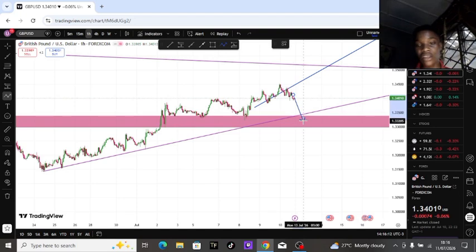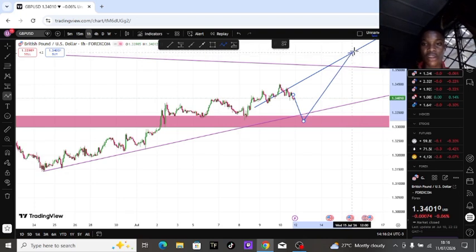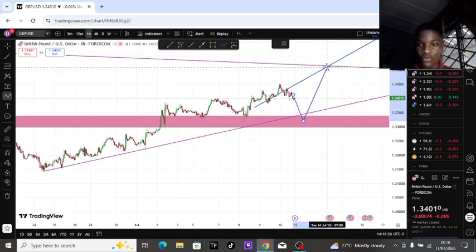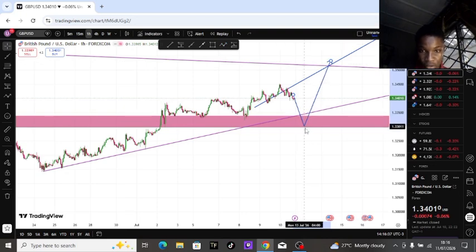Maybe if there's a gap down, it will be easier to break this line, cause a fake out right here before heading to this place to cause this breakout that I drew on the 4-hour time frame right here. That is what I'm anticipating right there. That is cause a fake out right here. Maybe fake out to, I don't know, maybe around this zone.